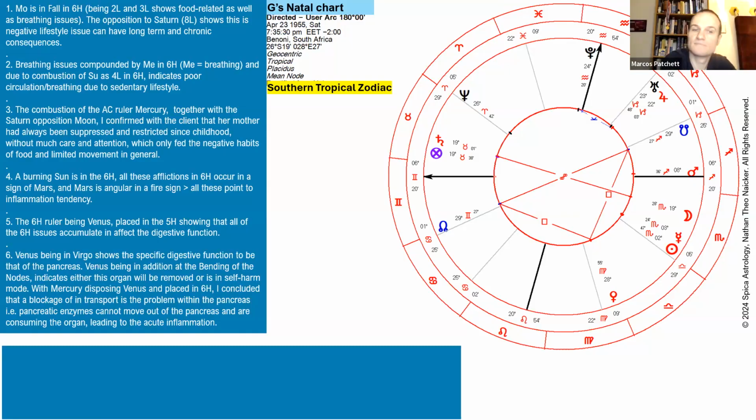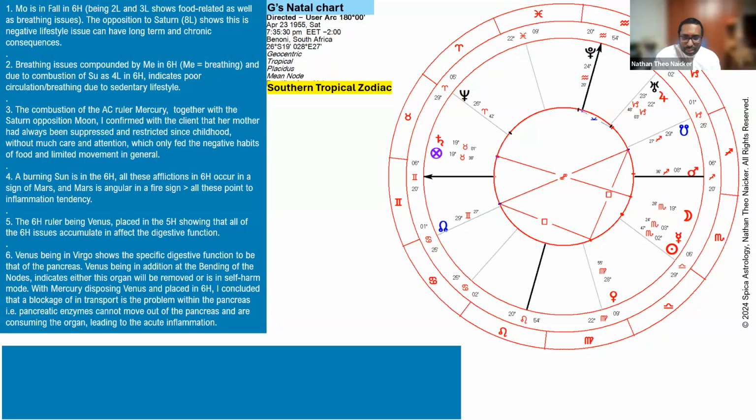Interesting. And the consuming itself, because Mercury is disposing the Venus, again, I look at the 6th house ruler for more information about functionality. I know that the Mercury function in the pancreas is not happening well, because the Mercury who disposes the Venus has gone back into the 6th house.